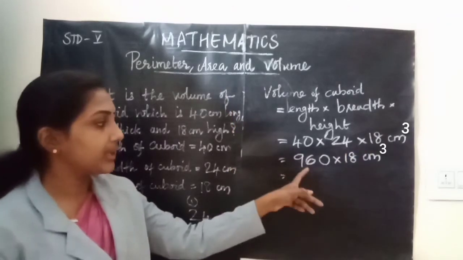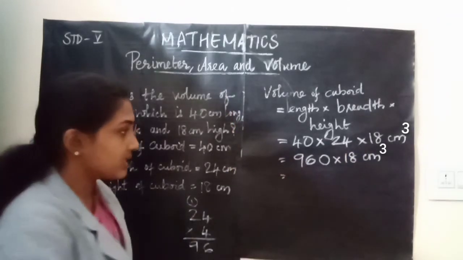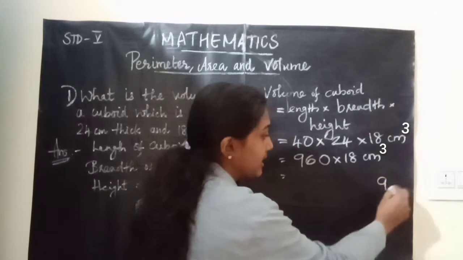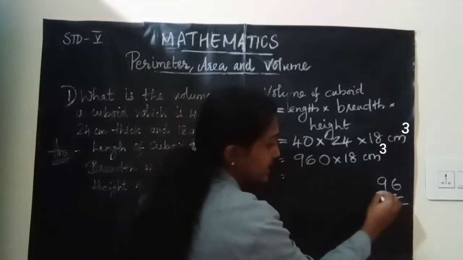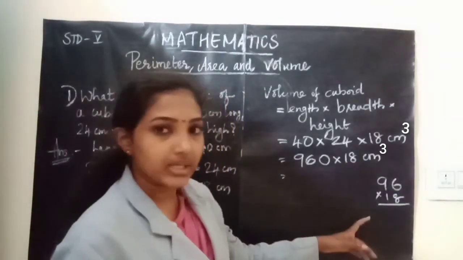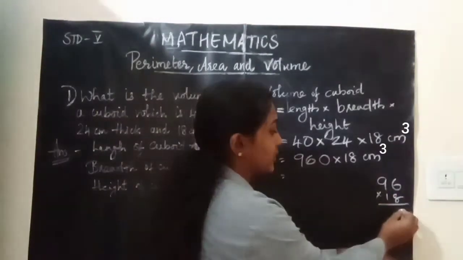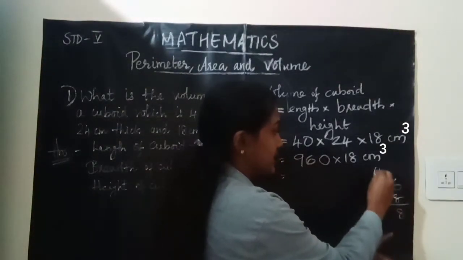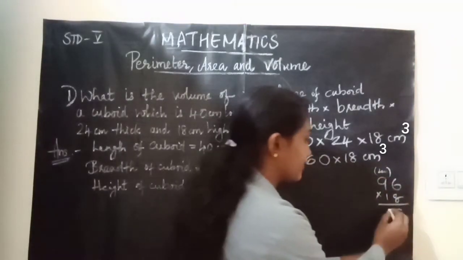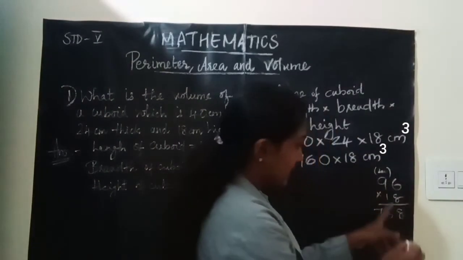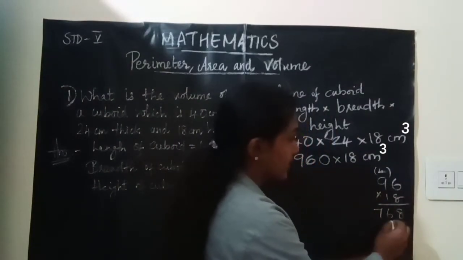Now we can multiply 960 into 18. So here also we can multiply 96 into 18. Okay. 96 into 18. 8 into 6, we get 48. And 4 is here. 8 into 9, and it's 72. 72 plus 4, we get 76. Then 1 into 6 is 6. 1 into 9, it's 9.